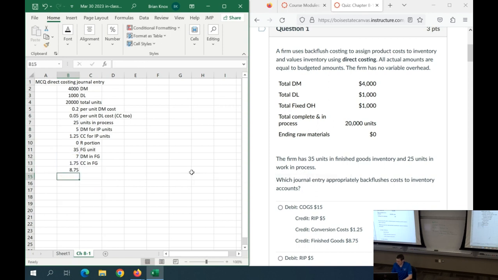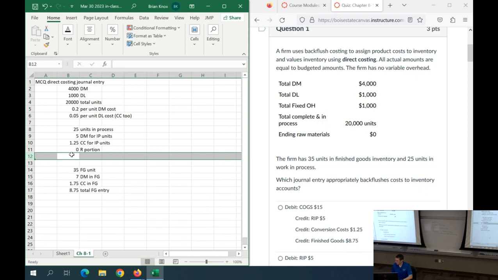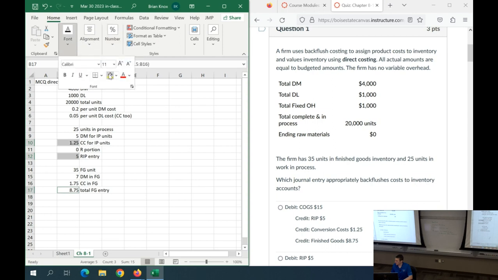So the sum of those two. Those should be our three debits, what we're debiting to.